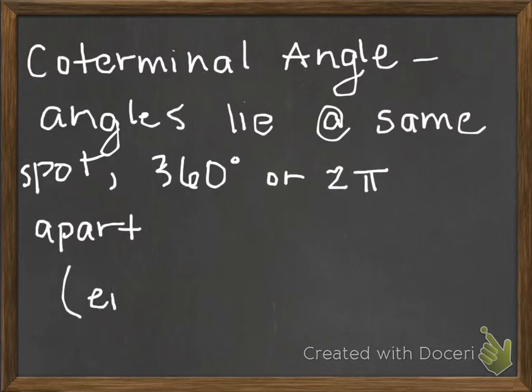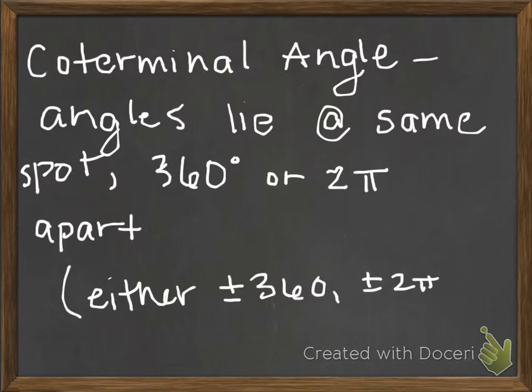And you can either add or subtract 360, or add or subtract 2 pi, depending if you're in degrees or radians. All that means is that I could go in the positive direction or in the negative direction, and I could go around and around and around.